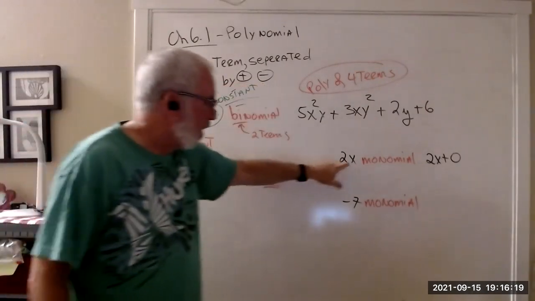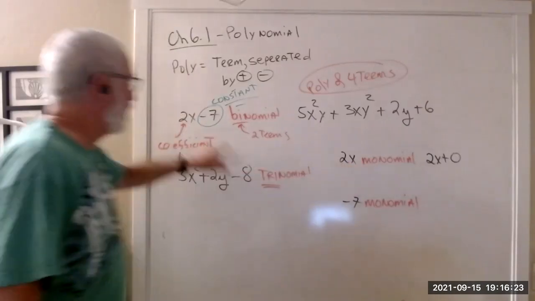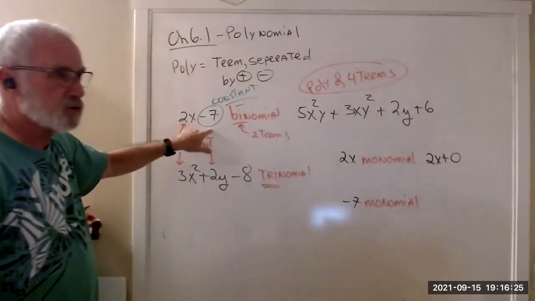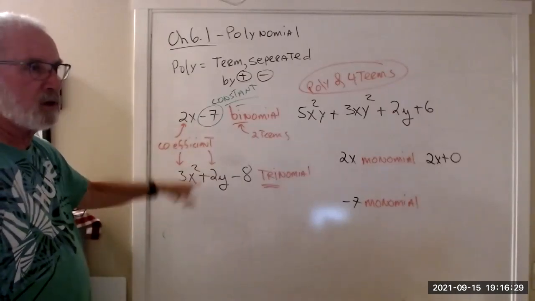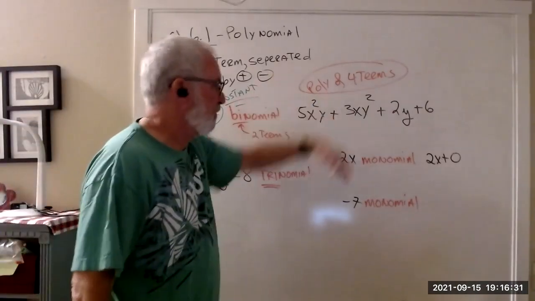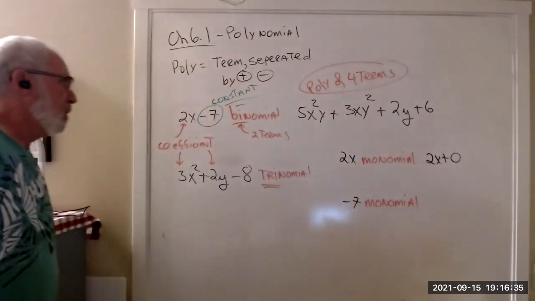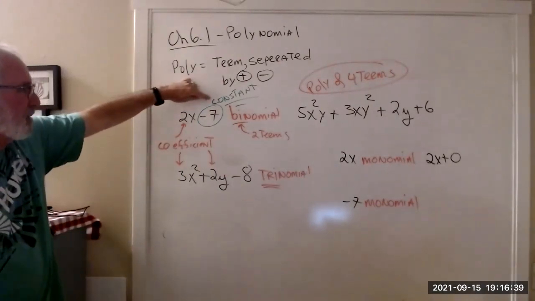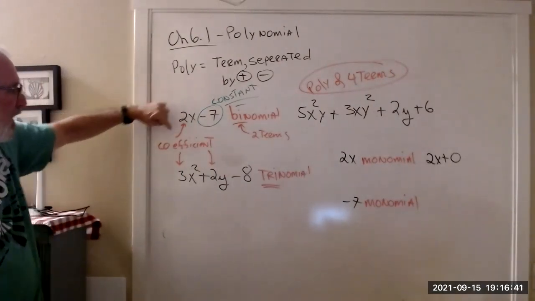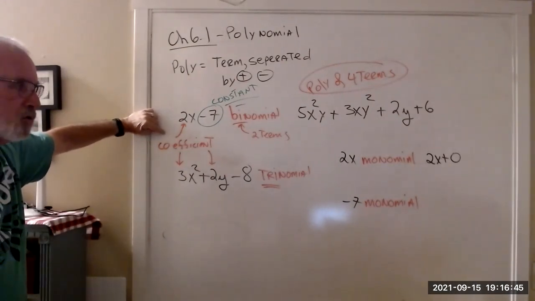If it's got one thing, we call it a monomial. If it's got two terms, we call it a binomial. 3 terms is a trinomial. After that, we just say it's got 4 terms or 5 terms or whatever. We have the vocabulary word constant and the vocabulary word coefficient that you do need to kind of know.